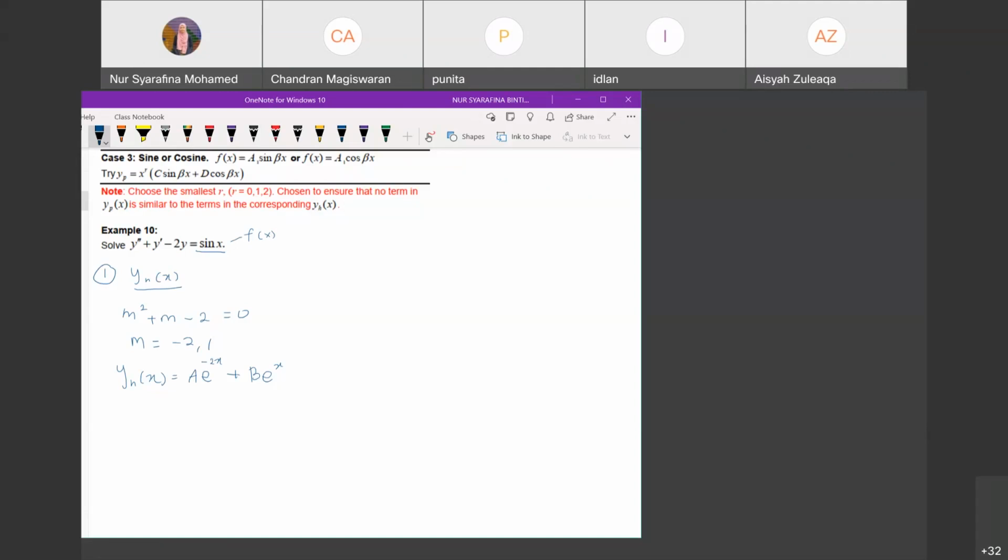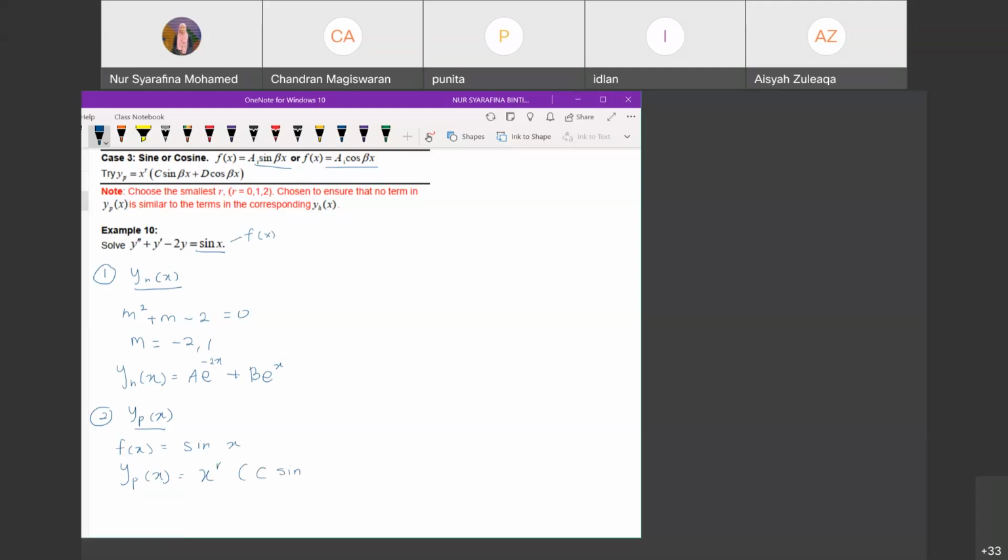Now, in order to find yp, first you need to check your f(x). When f(x) equals sine x, or sine or cos beta x, then your yp should be x to the power of r, C sine beta x.